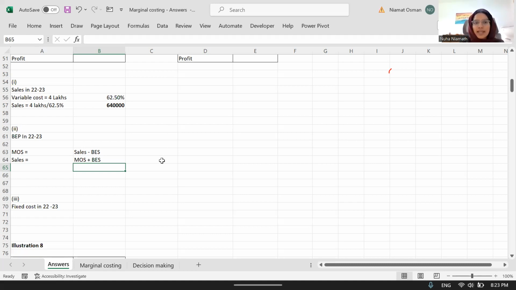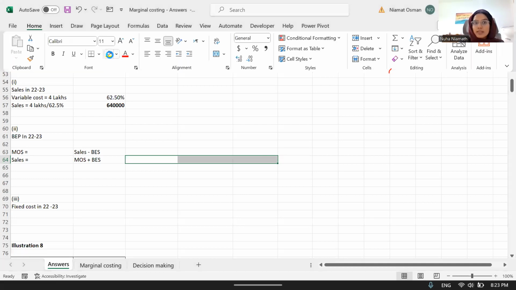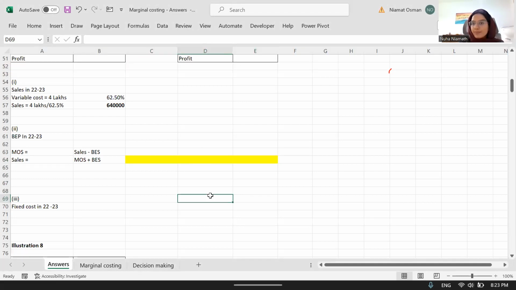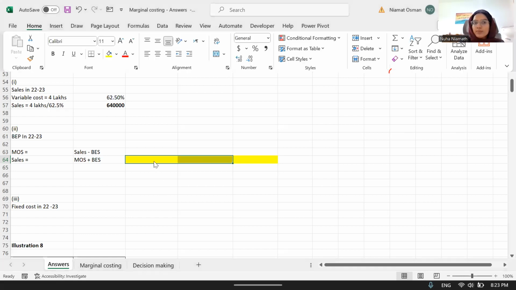So if this is my line of sales, let's say this entire line is my sales. This is my total sales that I have made. A part of this is my break even.